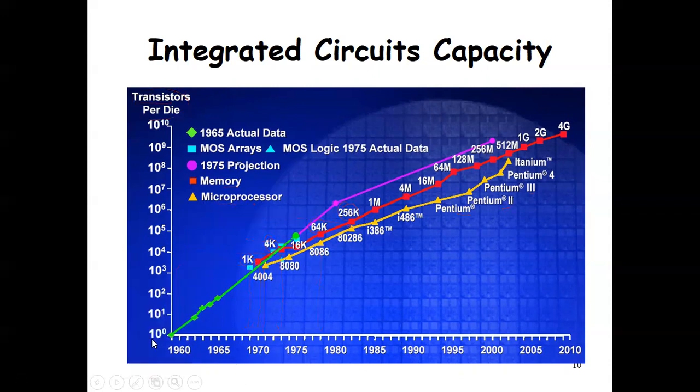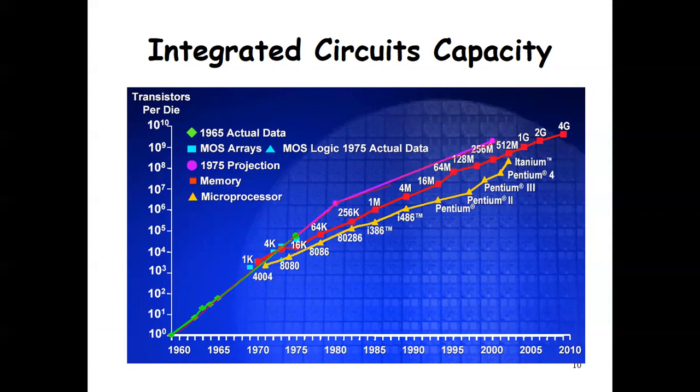It says that the processor performance is doubling roughly every 2 years, and the memory capacity is doubling roughly every 18 months. This line represents the projection.